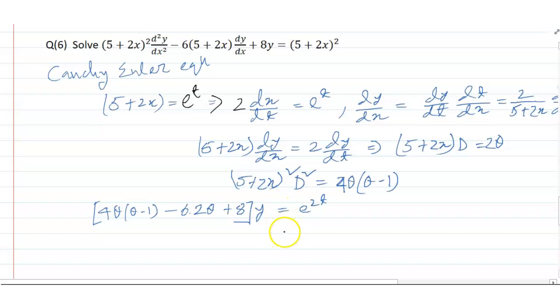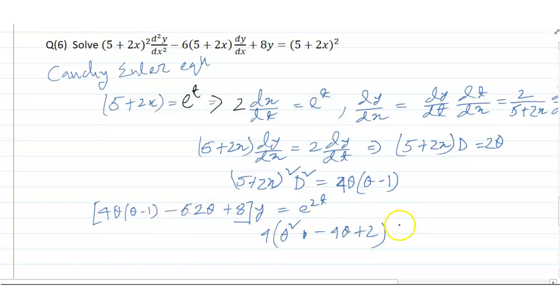I can write theta square minus 4 theta plus 2, into 4, theta into theta minus 1 gives theta square minus theta, and another factor, it can be written this way: 12 theta plus 8, so 16 theta, 16 theta means 4 theta.